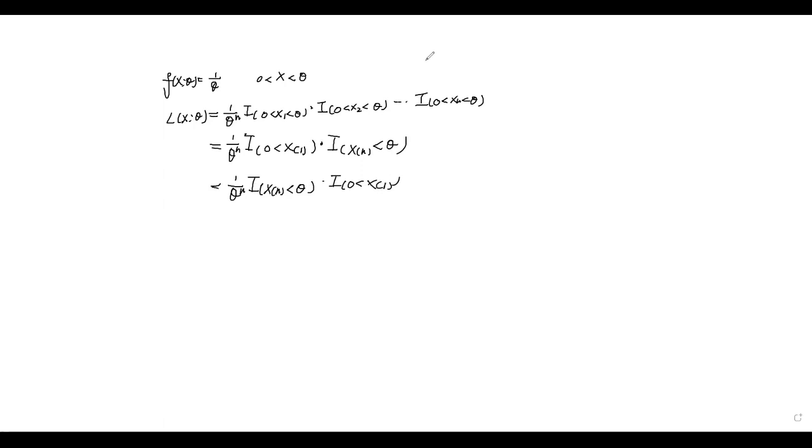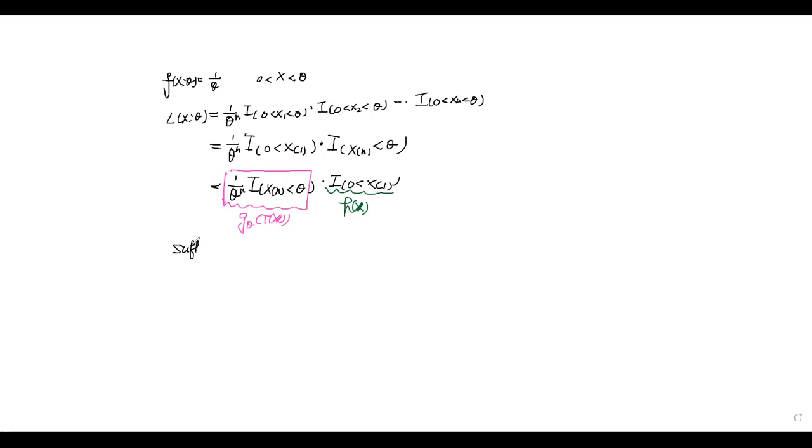So by the Fisher-Neyman factorization theorem, I know this part will be my g of theta, so it's a function of theta and the test statistic. And this part here is my h of x, which only depends on x. So from the Fisher-Neyman factorization, I know what my sufficient statistic is.